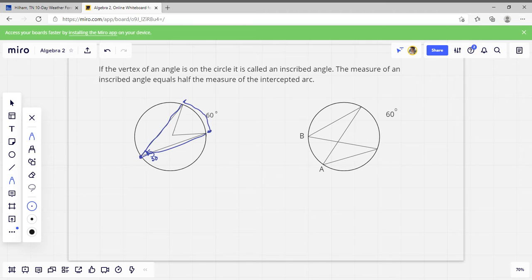We also know that this angle, which is at the center of the circle, is going to be 60. So it'll be the same as the intercepted arc. For this one, this angle here would be 60, because it's the same as the intercepted arc. And then the one with the vertex A on the circle, so this one right here, would be half of 60, so that would be 30.